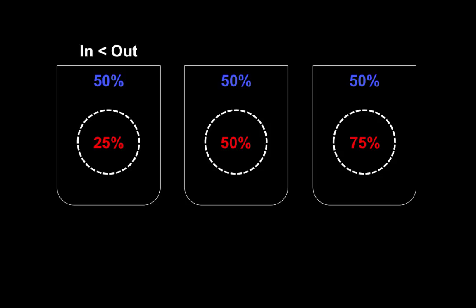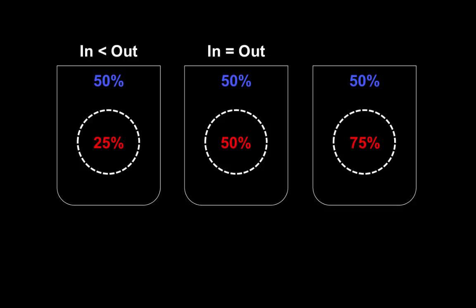So let's look at these three scenarios. We have three different cells in a solution that is 50% solute. Now, inside this cell is 25, this cell is 50, and this cell is 75. So in this first cell, we have more salt outside the cell than inside.